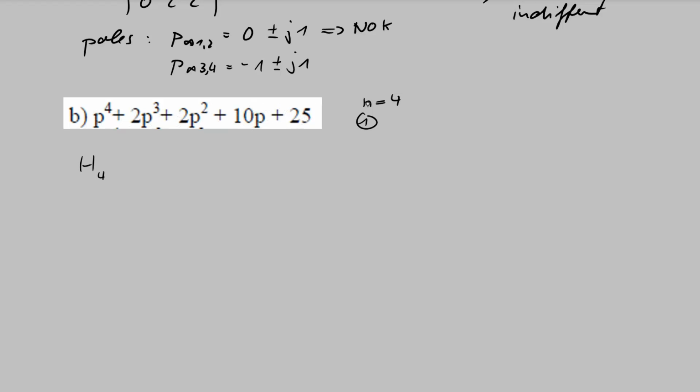So condition 1, all coefficients are positive and not 0, is true, is okay. Condition 2 now is executed. H4 is a 4 times 4 determinant, starting with a 2 here, then 10, 0, 0, 1.